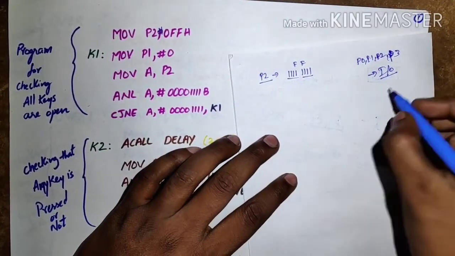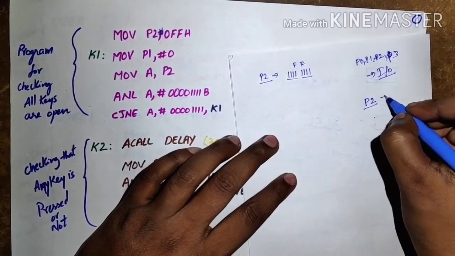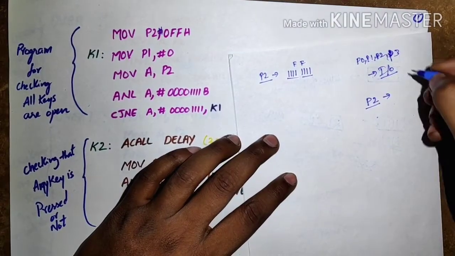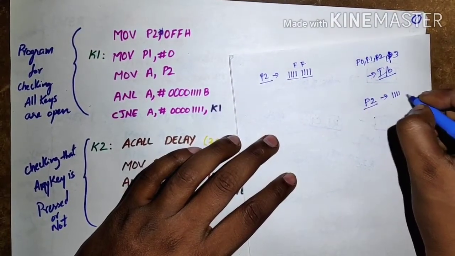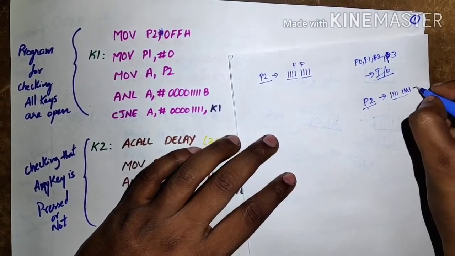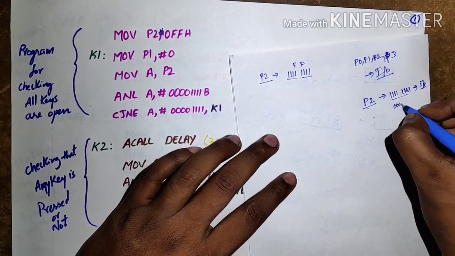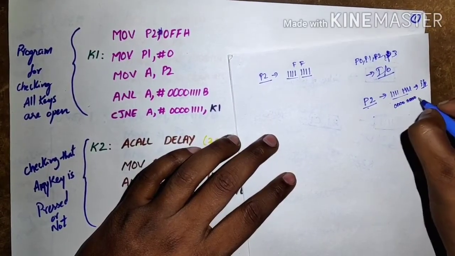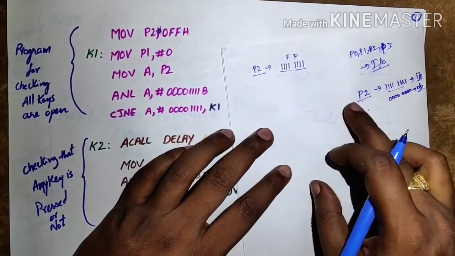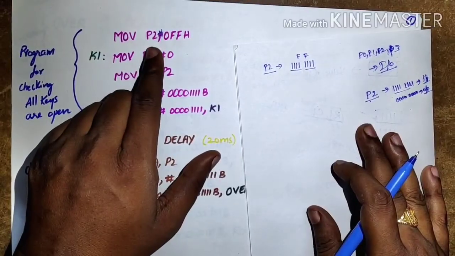For example, taking port P2, if we want to make this port an input port, we have to give all ones to that port. Then it behaves as an input port. If we give all zeros, it will act as an output port. So here initially we are making port 2 an input port.